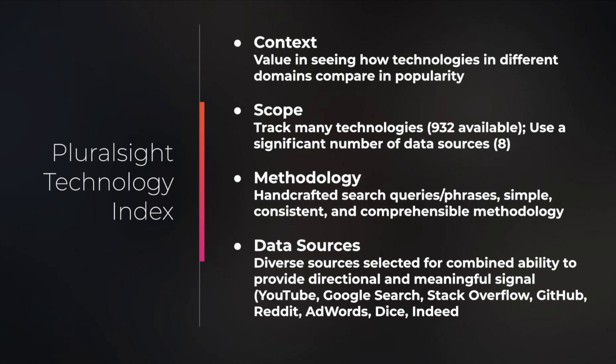about reality, right? Because you might be like, oh well, I don't really like GitHub, so I give it a low weight and I give Stack Overflow a high weight, and then your buddy is like, no, I really like GitHub and I really like Stack Overflow, and instead I dropped the weight on some other data source, and so then you're arguing, you don't have a shared frame of reference, right? And that is one of the things that was really important to me to avoid with the technology index.